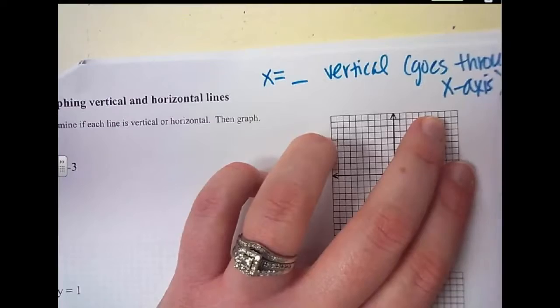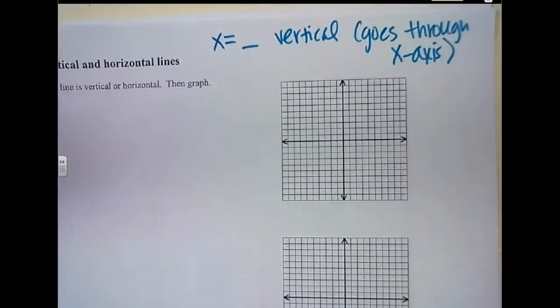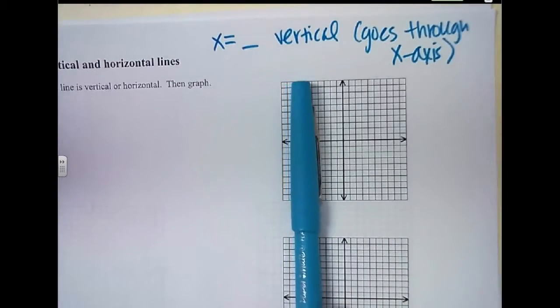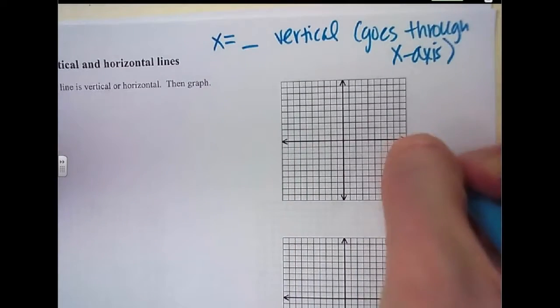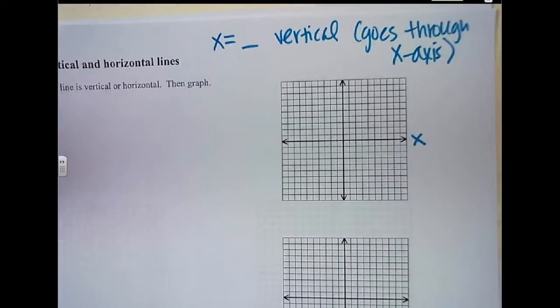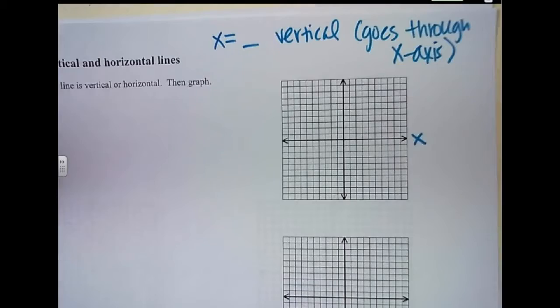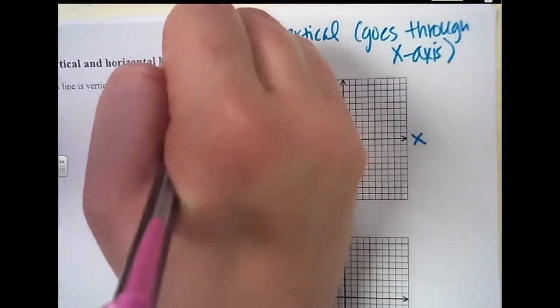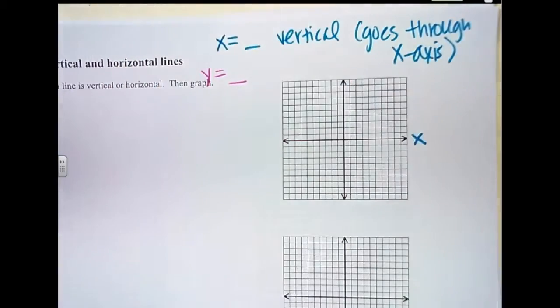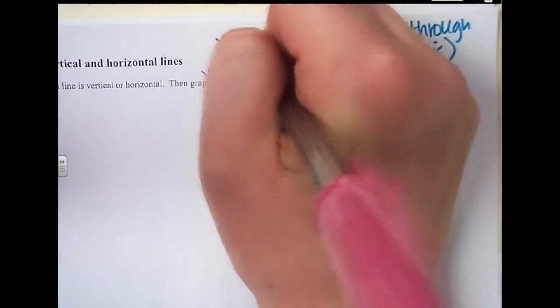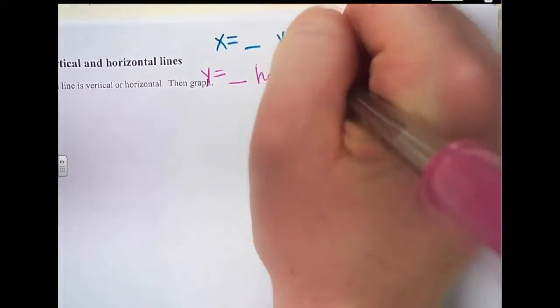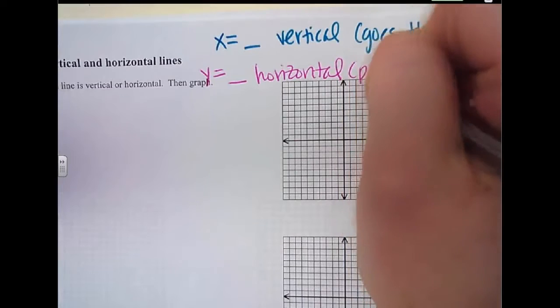Okay, so if it says x equals, it's going to be like this. It's going to pass through the x-axis, which means it's vertical. And then, of course, if it's y equals something, it's horizontal. And it passes through the y-axis.